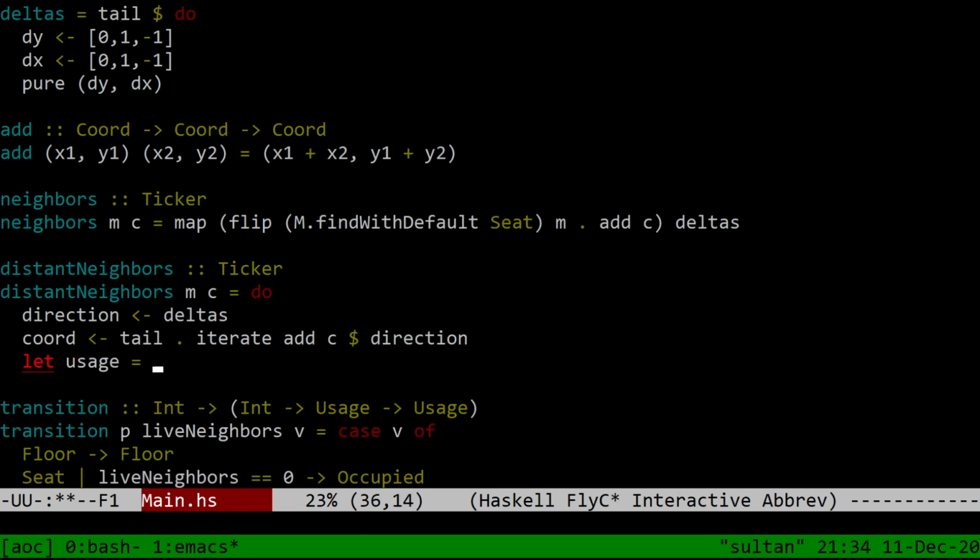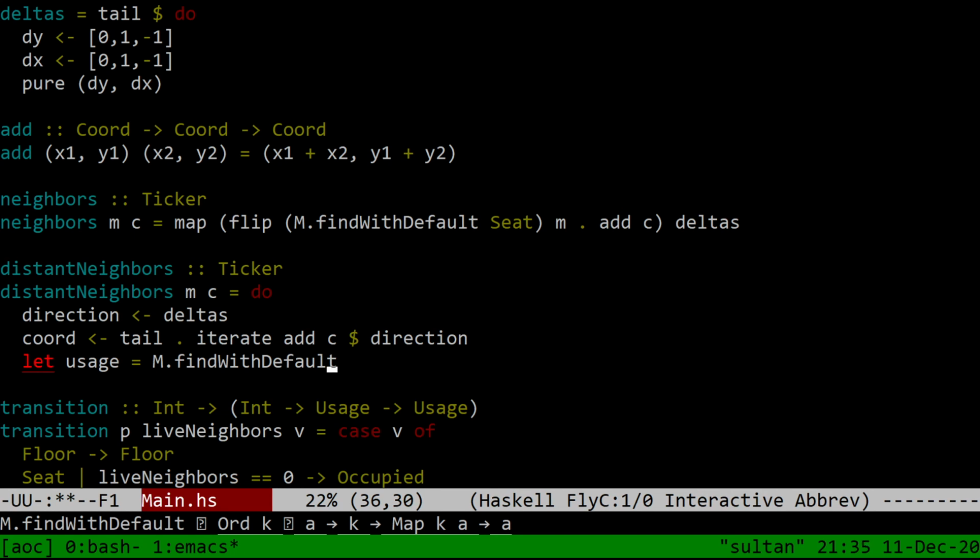And then we will say let usage equal M dot find with default of, it wants default and then the key, yeah, and then the map. Okay, seat coord m.